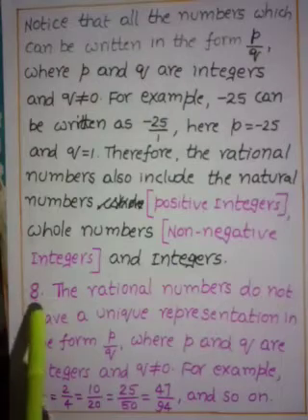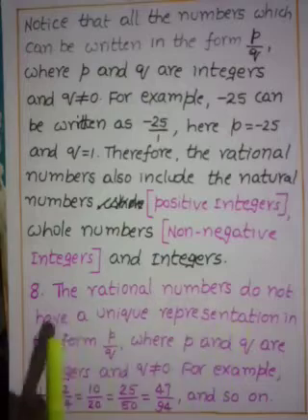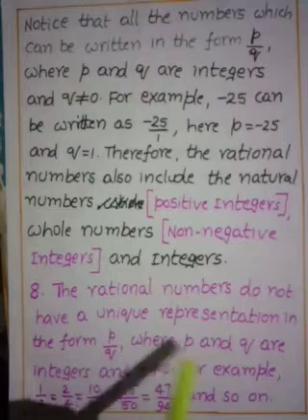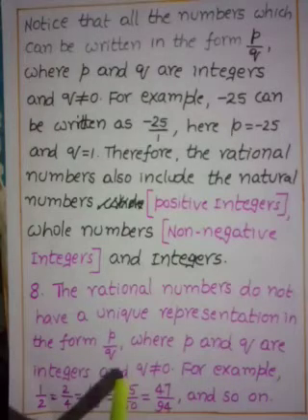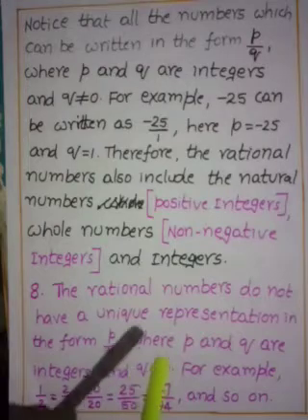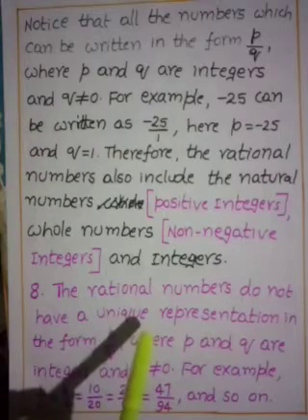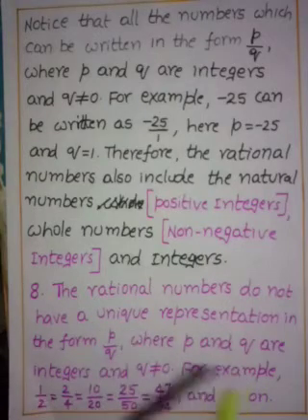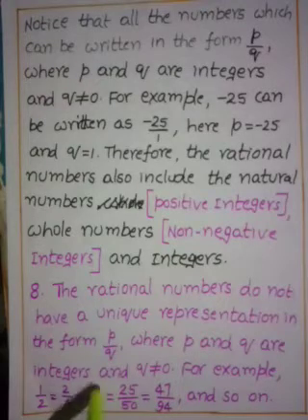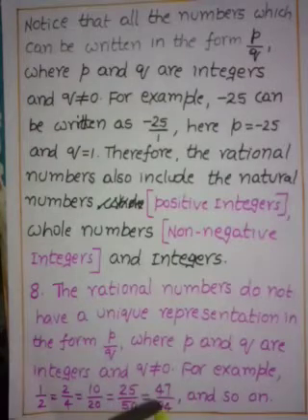Now come to the next point, the eighth point. The rational numbers do not have a unique representation in the form p by q, where p and q are integers and q is not equal to 0. So, a rational number cannot be represented uniquely. For example, 1 by 2 is equal to 2 by 4, which is equal to 10 by 20, which is equal to 20 by 50, which is equal to 47 by 94.